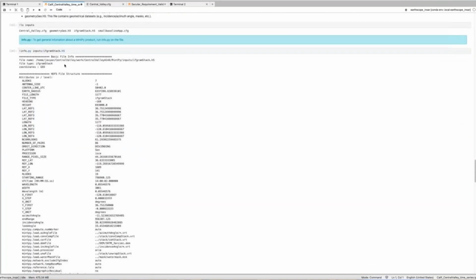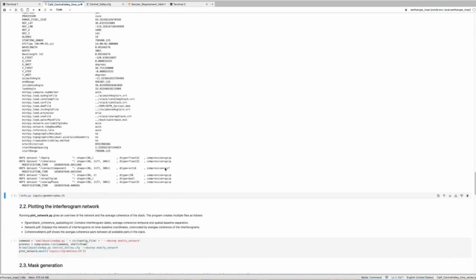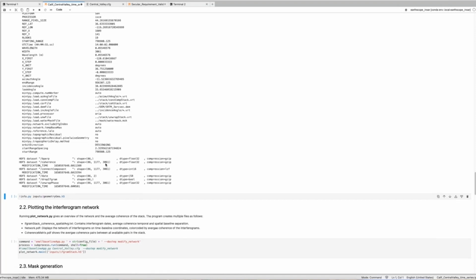And if we look, we can run this info.py to see what's in that interferogram directory. There's 86 interferograms, and each interferogram has an area of 1,177 pixels by 3,000 pixels. And there's different layers. One of those layers is the coherence.